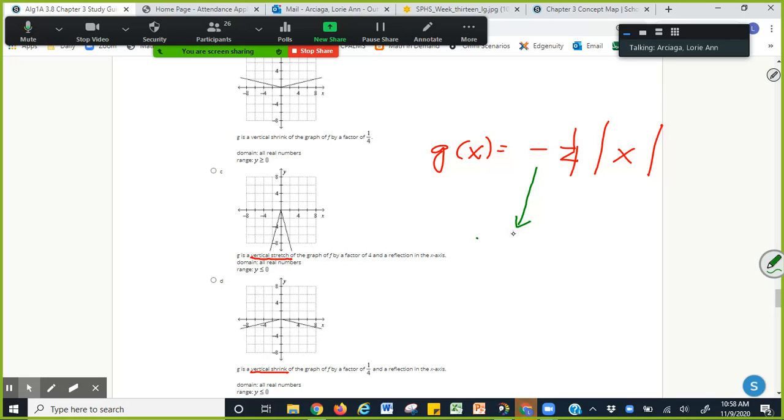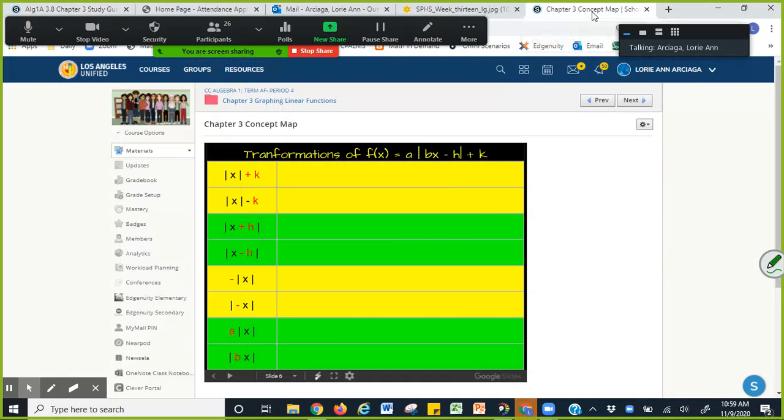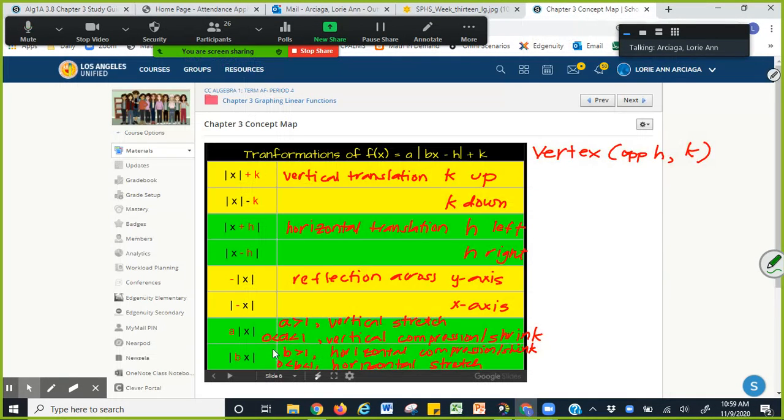Let me repeat this one. The negative is a reflection. And then this one, 1/4, is a fraction, so definitely this is less than 1. Go ahead and look at the concept map that I made you copy earlier.